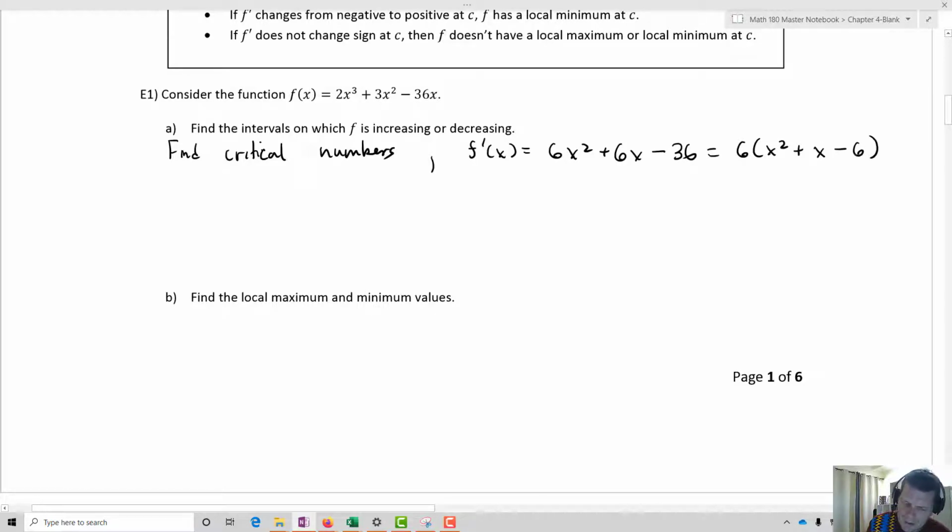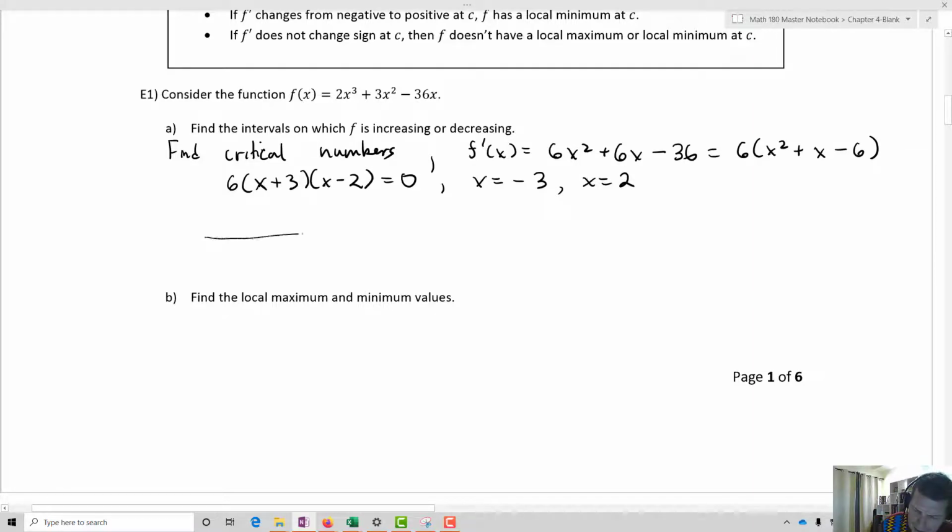And so this is going to be 6 times x plus 3 times x minus 2, and we'll set that equal to 0. That means x is going to equal negative 3, and x will equal 2. Those are our critical numbers.